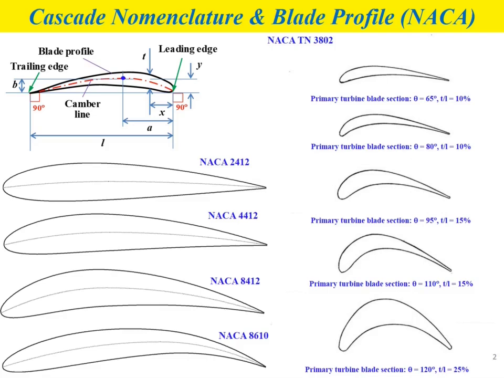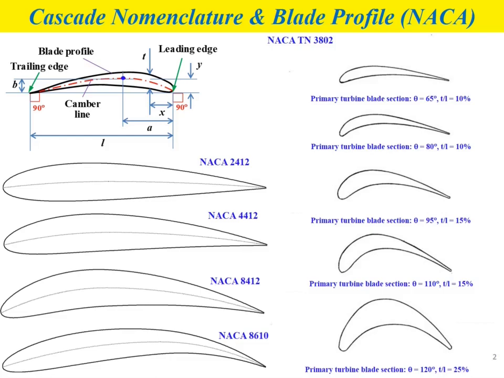The difference in blade shape is actually due to the change of camber angle, from 65 degrees to 120 degrees, and the change in the profile thickness to chord length ratio from 10% to 25%. For the T/L ratio, the parameter T refers to T maximum, and the parameter L refers to the chord length.